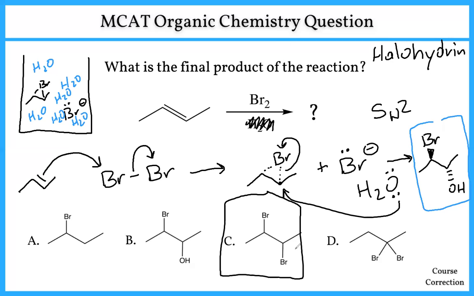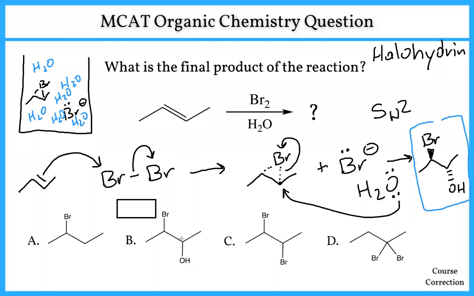So if you just had the bromine gas, you would see this as your final answer. However, because water is a solvent, what we actually see as the final answer is the halohydrin product, right? In this case, because we're using bromine, this is a bromohydrin. If you were using chlorine gas, you'd have a chlorohydrin.